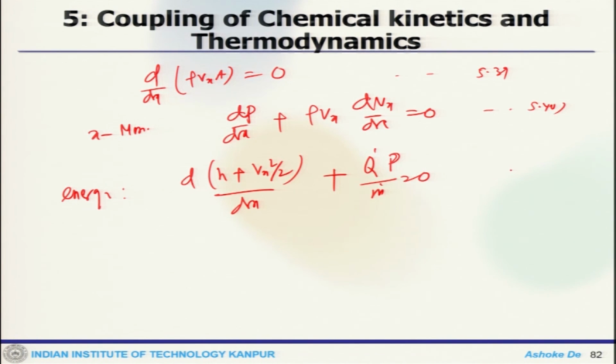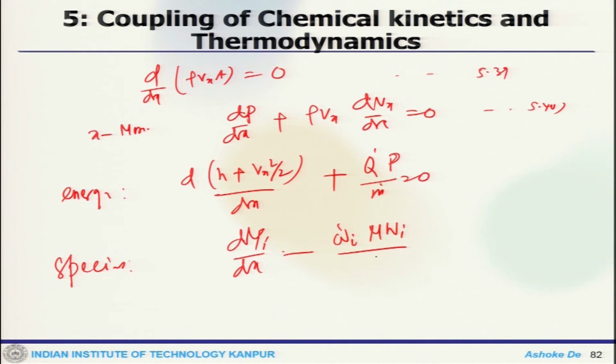So, Vx is the axial velocity, P is the local perimeter, and species conservation, dYi by dx minus omega dot i molecular weight i by rho Vx equals 0.